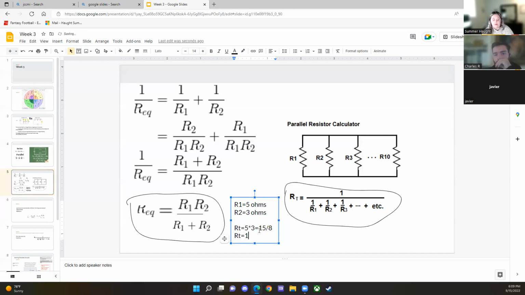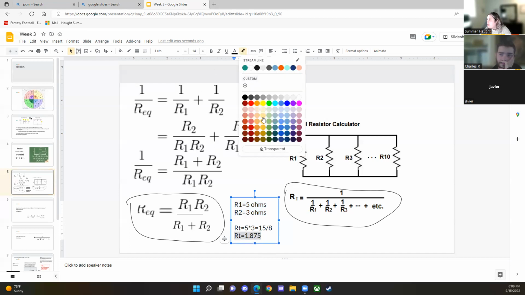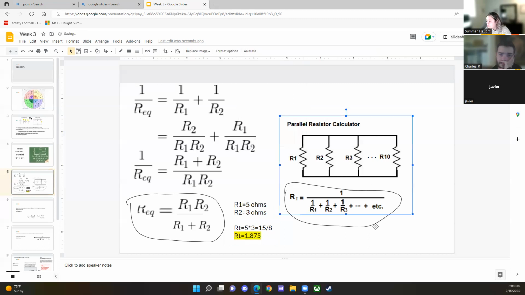So RT equals 1.875. I did that by first multiplying the two resistances, which is 15, and then dividing it by the sum, which was 8. 5 plus 3 is 8. So that one's pretty simple. Just going to highlight that one so you know.